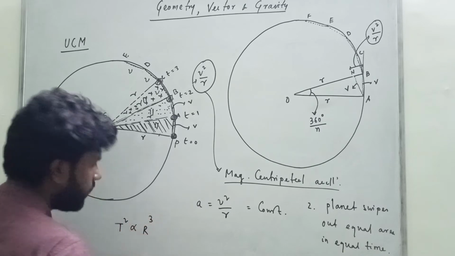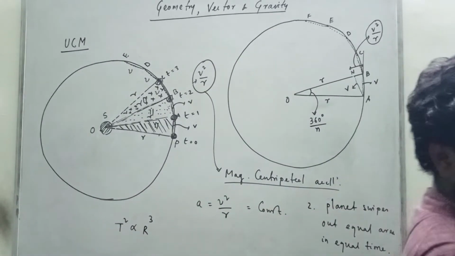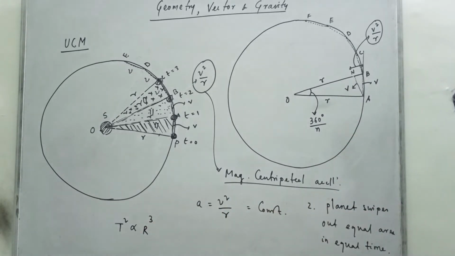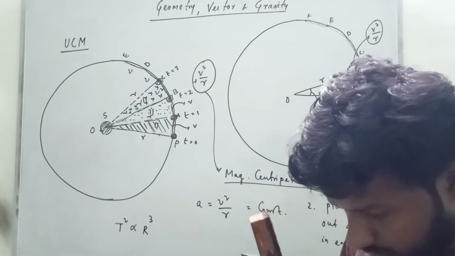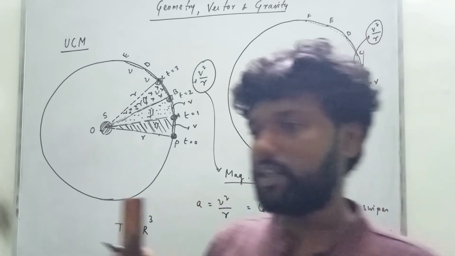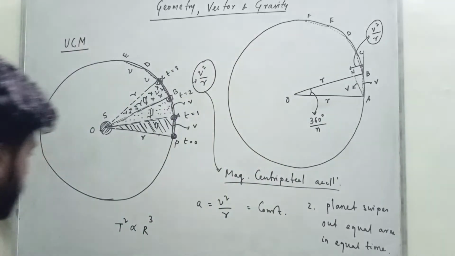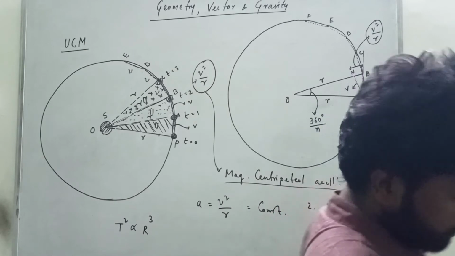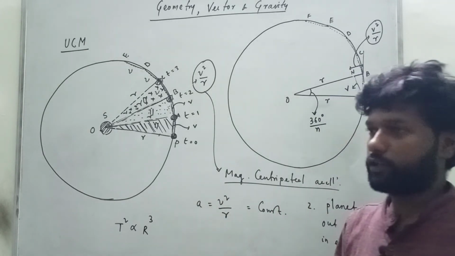It is actually by observation, right? Kepler formulated these laws from more than 1,000 years of observation. From the 1,000 years of observation, before Kepler formulated this law: T squared is proportional to r cubed, right?